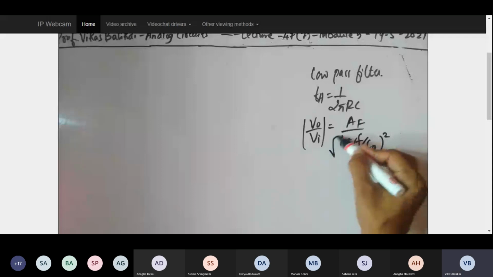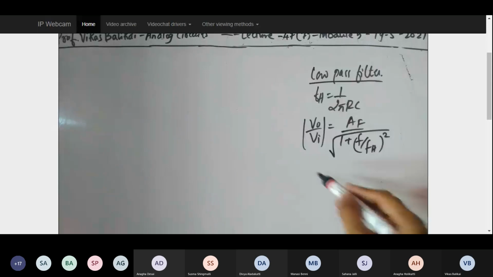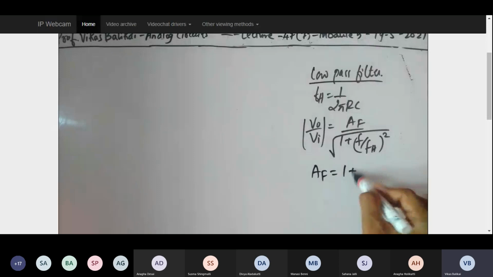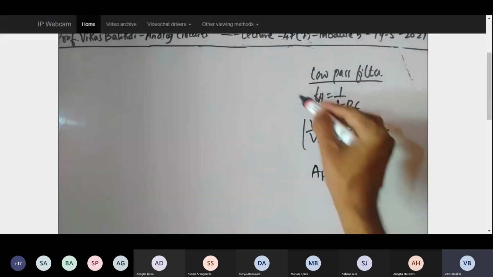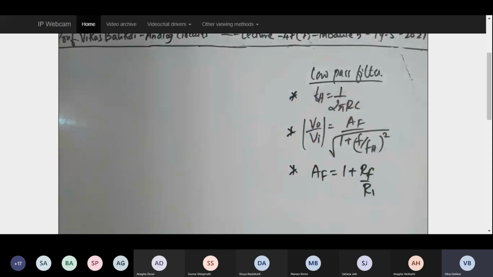So for low pass filter, this was the thing, and pass band gain, that is AF, was given by 1 plus RF by R1. So try to remember these formulas for your low pass as well as high pass. For high pass, FH is replaced by FL, and on top of that, in the numerator, you will get an additional F by FL term. That is the only difference. Everything else is the same.